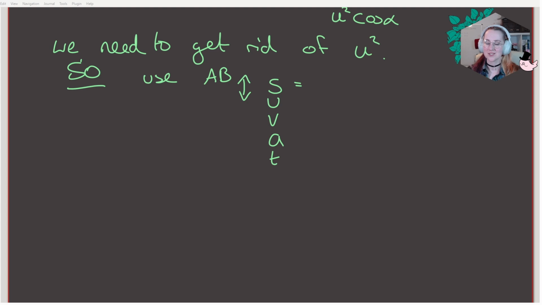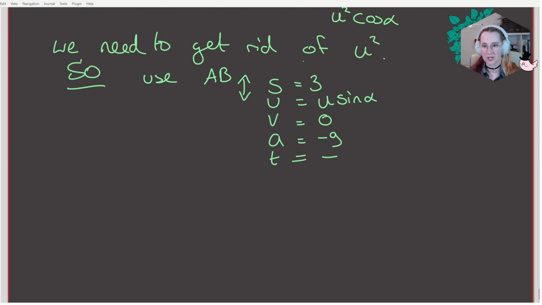Okay, so yeah, let's do the vertical SUVAT. So the height is 3. Our initial velocity again is u sine of alpha. Vertical velocity at the end point is 0. Our acceleration is minus g, and we don't really care about time.